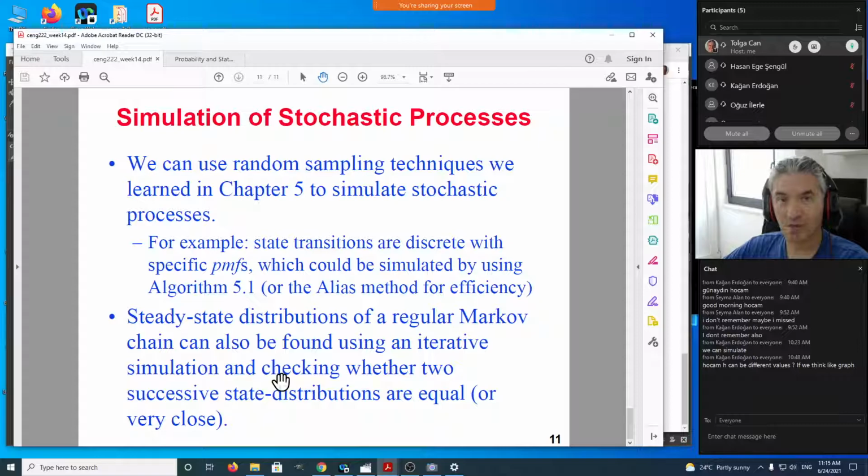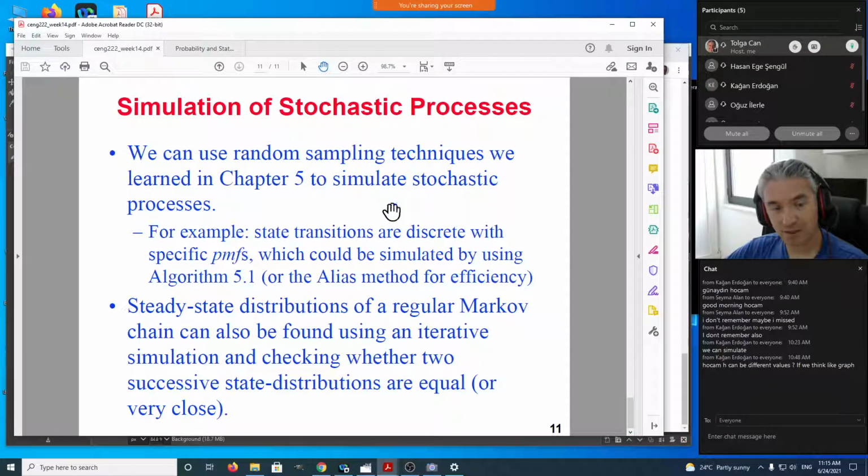If you continue doing this, after certain time points you're going to see that 2 successive state distributions are equal, or very close. If somebody asks you to find this to 6 digits after the decimal point, and the 2 state distributions are not distinguishable from each other within 6 decimal digits, you may deem them equal and consider that your steady state distribution. So this is how you may simulate stochastic processes.